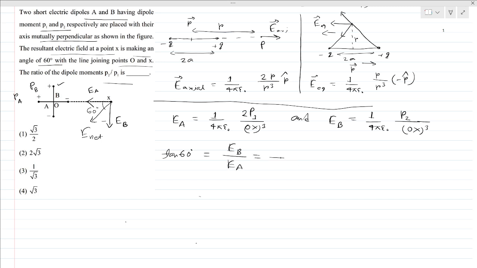If we put all those values, after a simple calculation, we get EB by EA equals P2 by 2 P1, so we don't need to write the calculation here. Tan 60 degrees, as we know, has the value root 3. Therefore, P2 by 2 P1 equals tan 60, so the desired value P2 by P1 equals 2 root 3. That means option number 2 is right. Thank you.